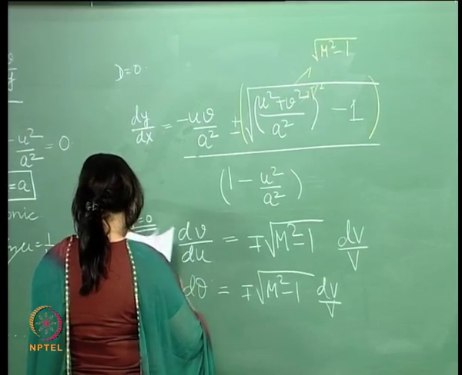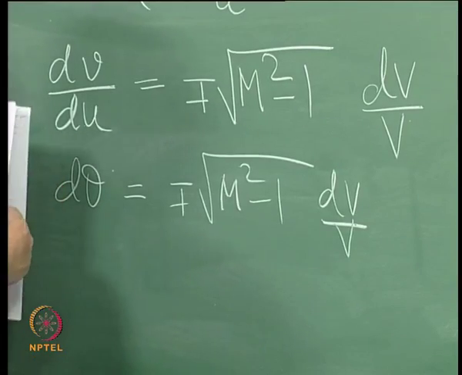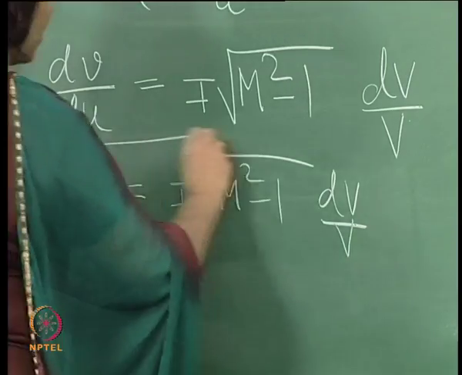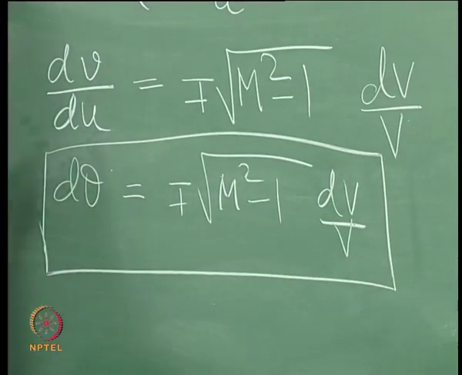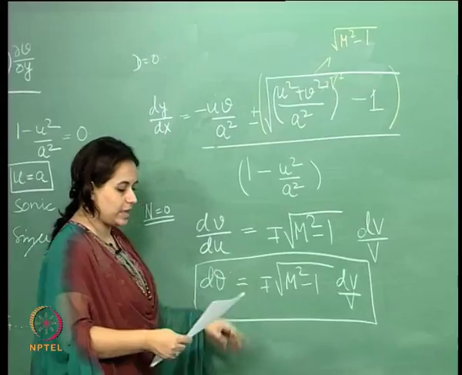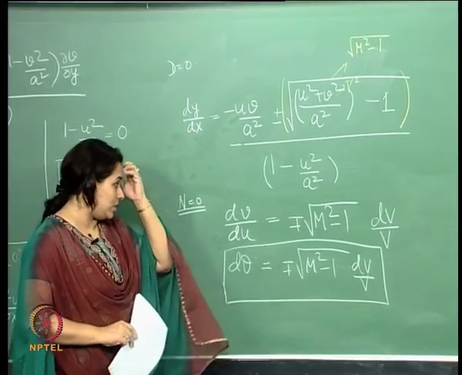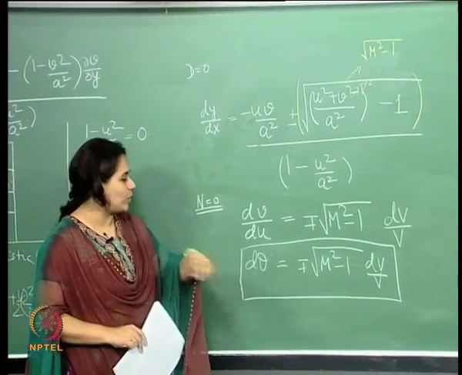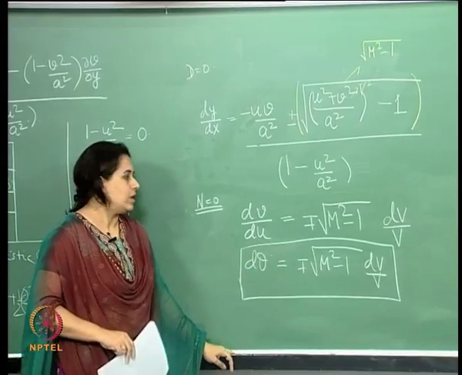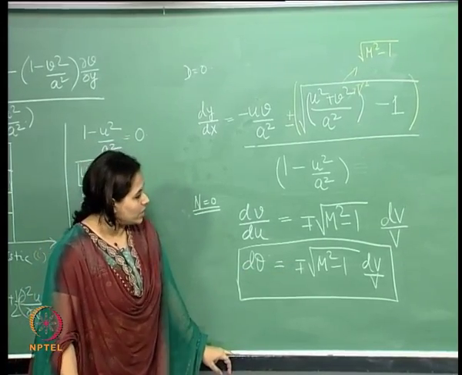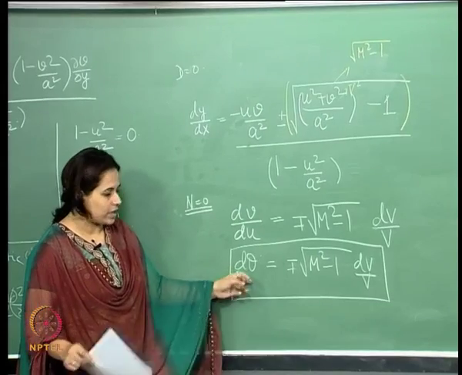The negative here corresponds to the C minus characteristic, the left running wave, and plus corresponds to the C plus wave.